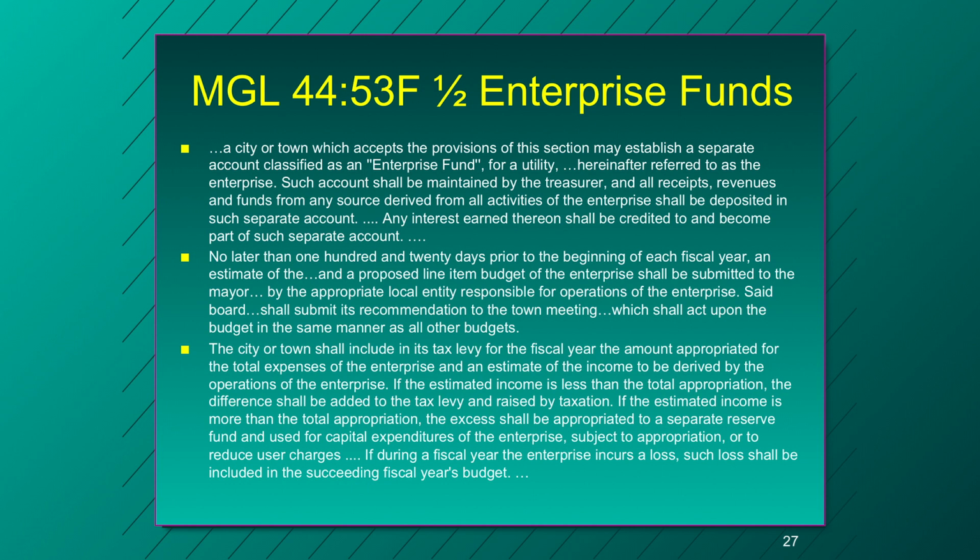The enterprise fund statute we've covered verbally on several slides, so I won't go into detail here, but this allows you to set up a separate fund, separate from the general fund, for a utility like a stormwater utility. It sets some ground rules that you must have a budget.